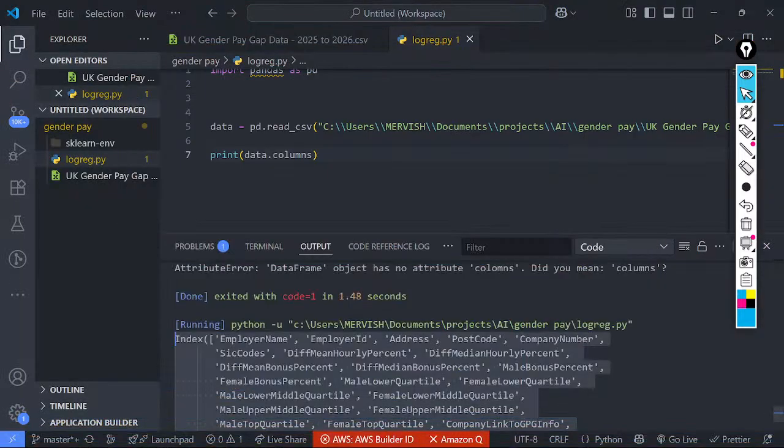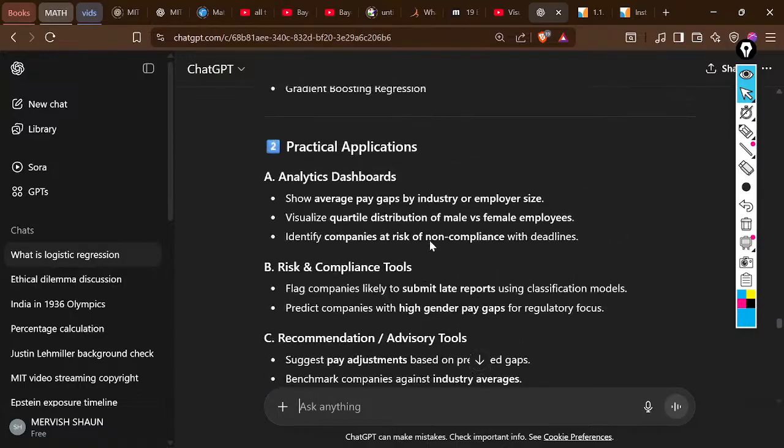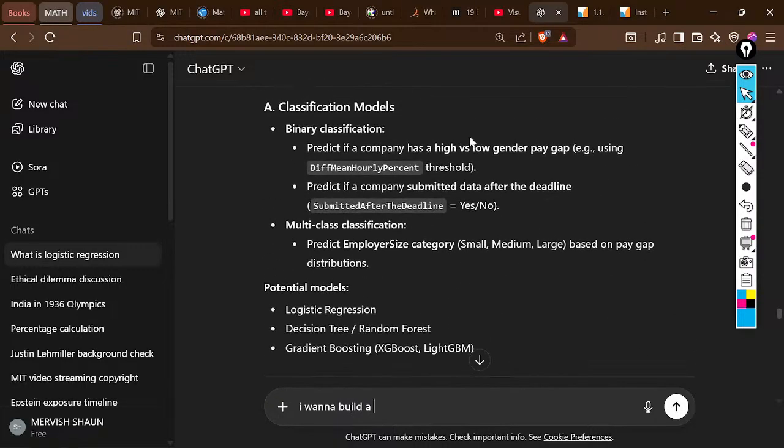What model can I use for this one? I have all of this data. Build a logistic regression model with this.